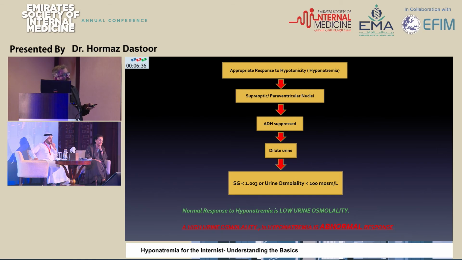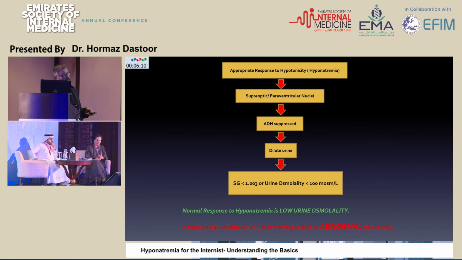So if somebody with hyponatremia has suppressed ADH, you can measure it with lowered urine osmolarity, and that is a normal response. On the other hand, if you have somebody with hyponatremia and their ADH is not suppressed, the urine osmolarity will be more than 100, and that is an abnormal response.